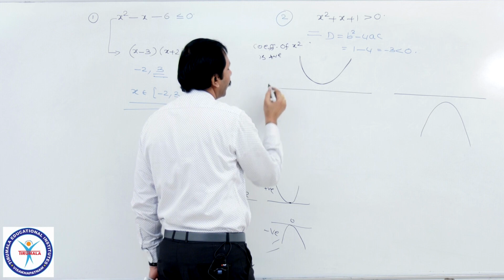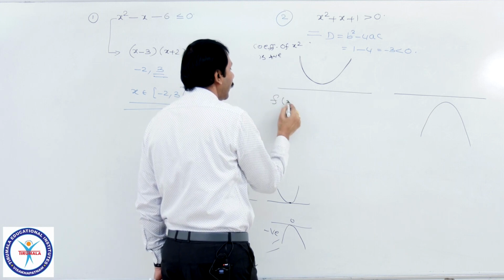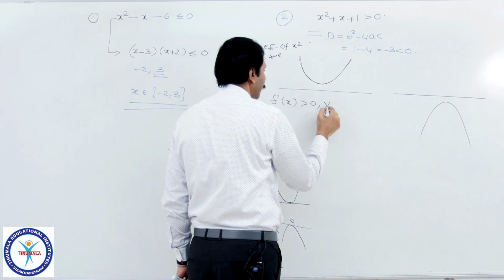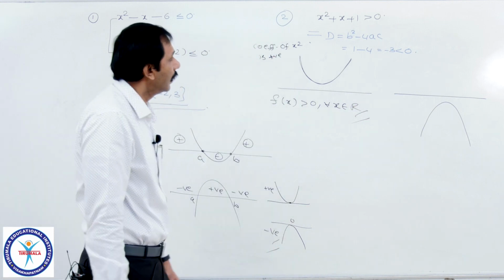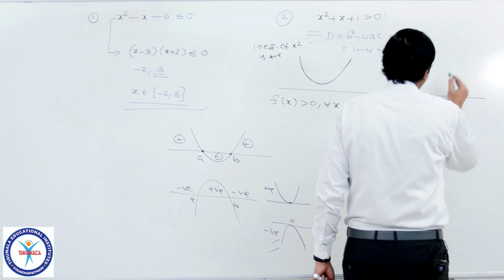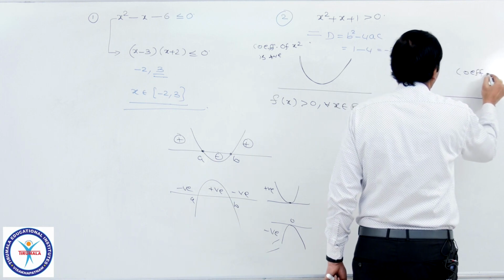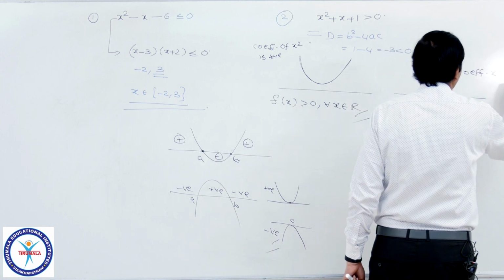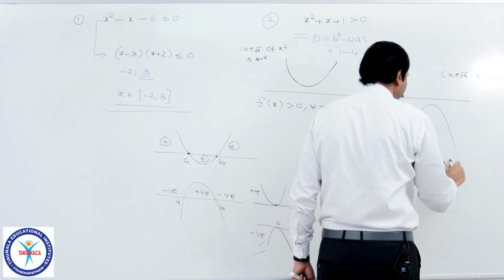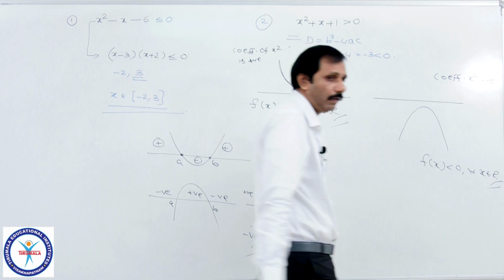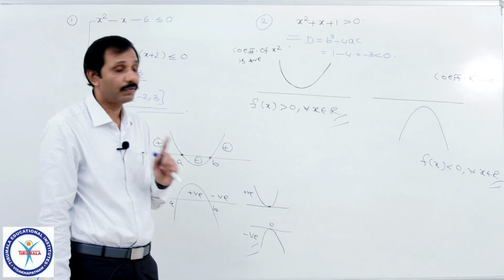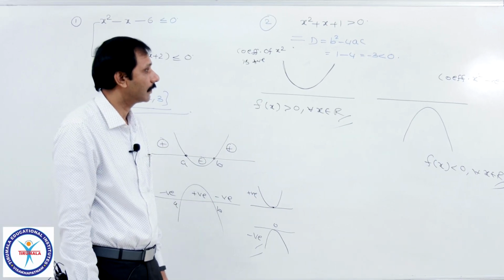Therefore, whenever the coefficient of x square is positive, I can write that f(x) is greater than 0 for all x belonging to capital R. And if the coefficient of x square is negative, then f(x) is completely negative for all x belonging to capital R. That is the point you have to take care of.